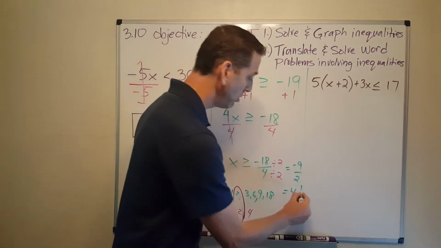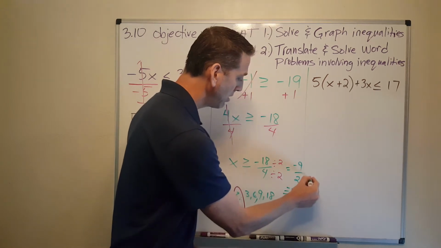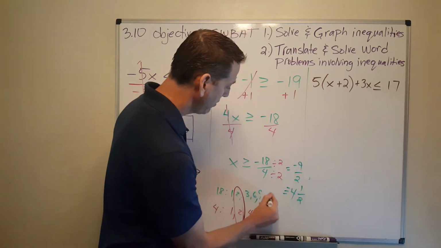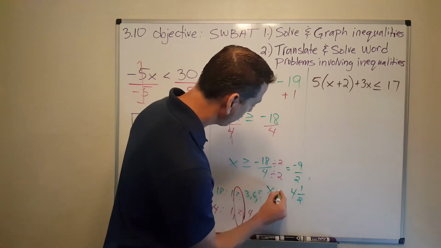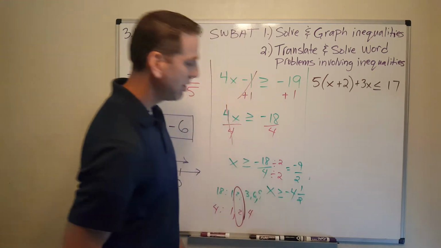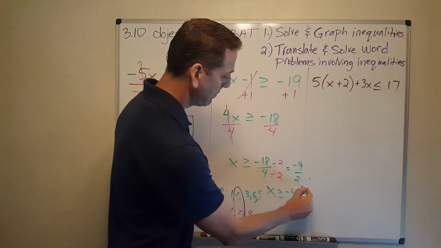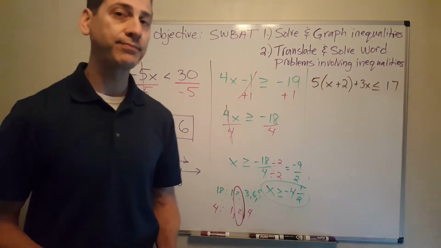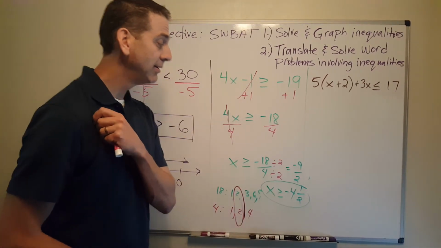Stick it in my numerator and keep my denominator the same. Alright? So x is greater than or equal to negative 4 and a half, sorry, or negative 9 halves.